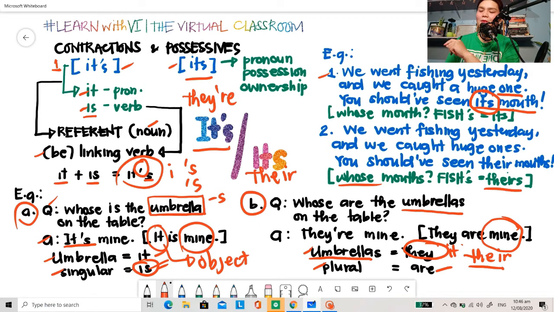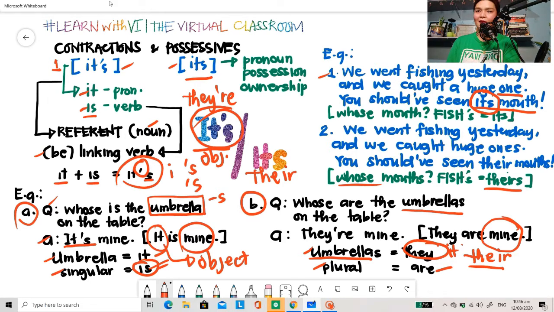So again, the bottom line here is, if you are using the contraction "it's," what you're looking at would be the object, the noun, the referent to which the pronoun stands for, as it operates with different linking verbs if it is singular or plural.